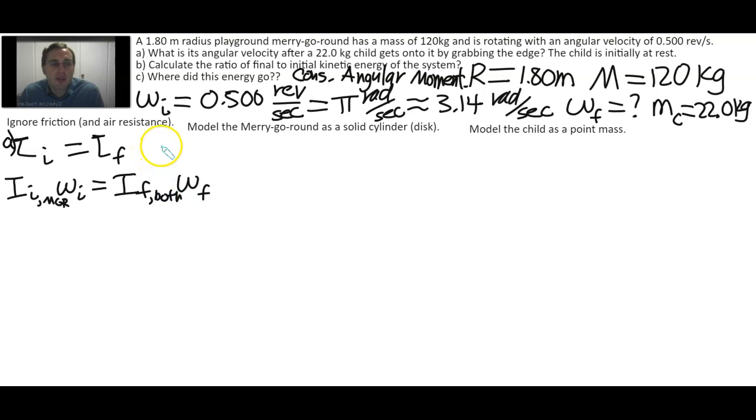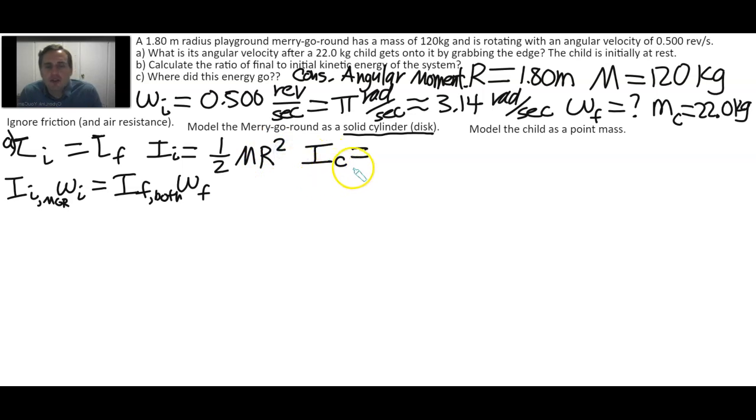Now let's talk about those. The initial rotational inertia, that of the merry-go-round, should be that of a solid cylinder or a disk. And I think that's 1/2 M R squared. So what's the rotational inertia of the child? Well, the child jumps on at a radius the same as big R. So this is also equal to little r. And the child is a point mass.